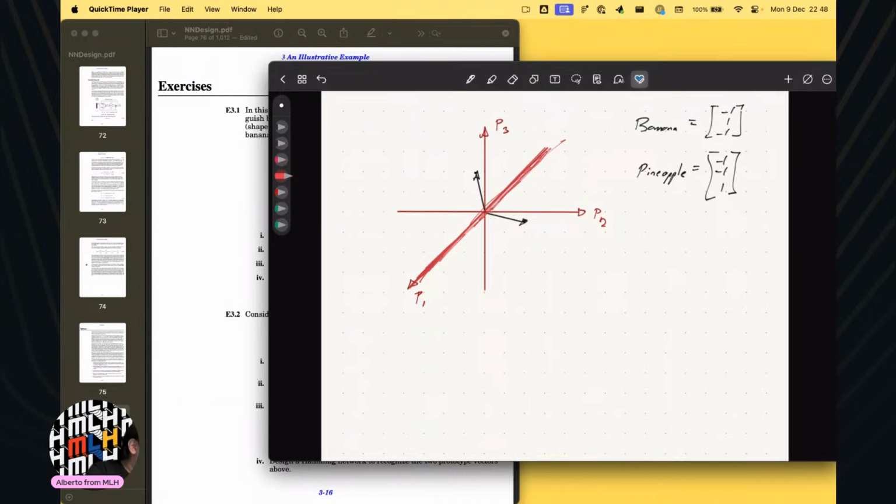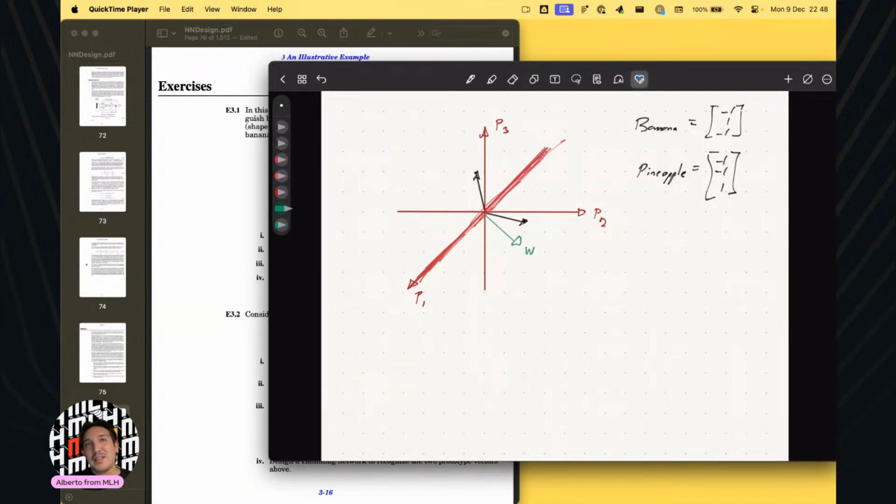And for that, we need to define a weight matrix that is orthogonal to that plane. Remember, the direction of the weight matrix points to the vector we want to classify as positive. So in this case, we can add this weight vector pointing here.